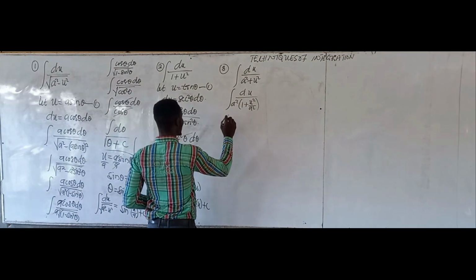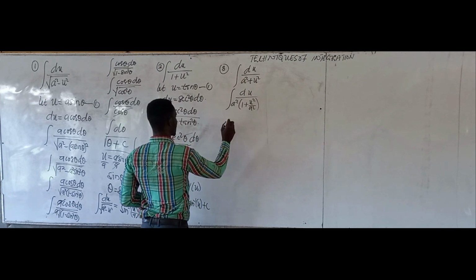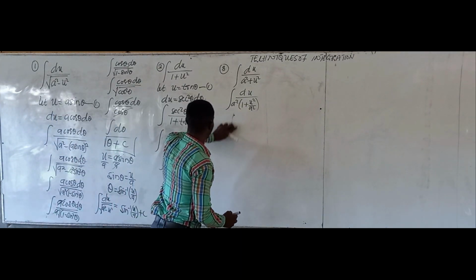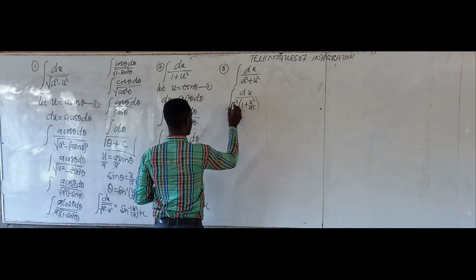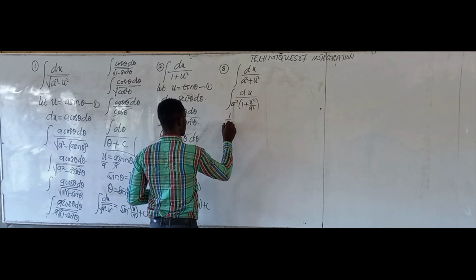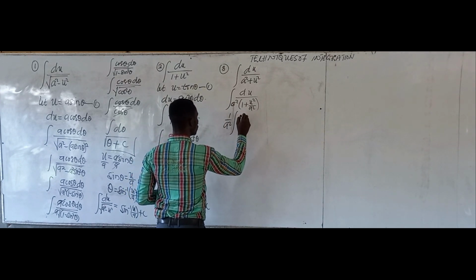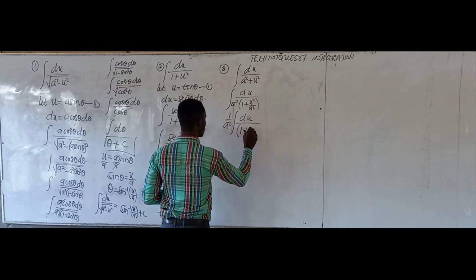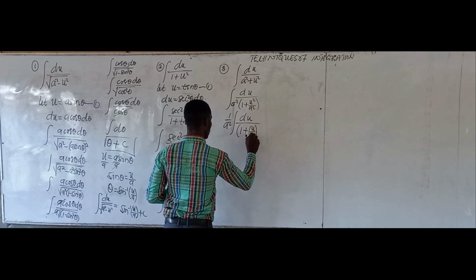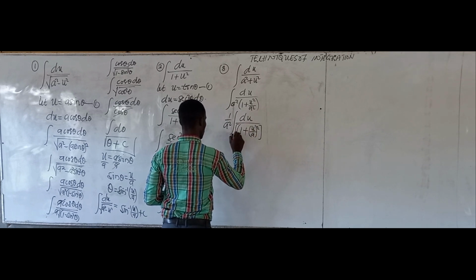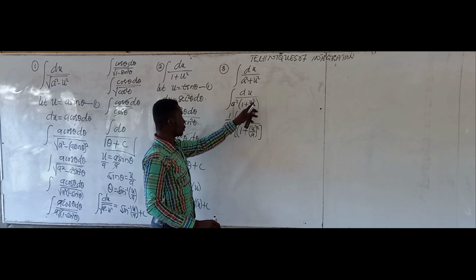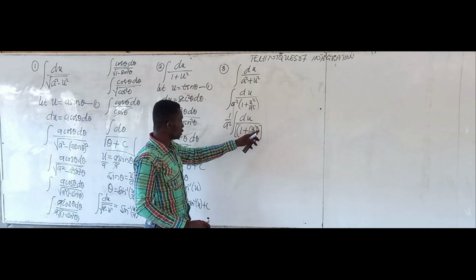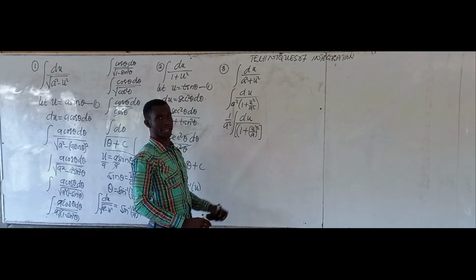Now, I can write the same thing as the integral, factorizing the a squared out, 1 over a squared, integral du over 1 plus u over a all squared, because u squared over a squared can be written as u over a all squared. That is indices. The squared affects the u, it affects the a.